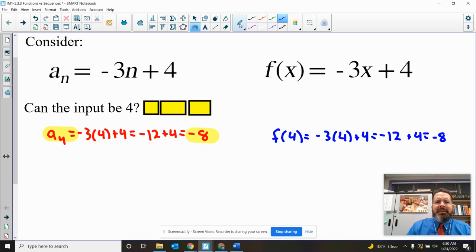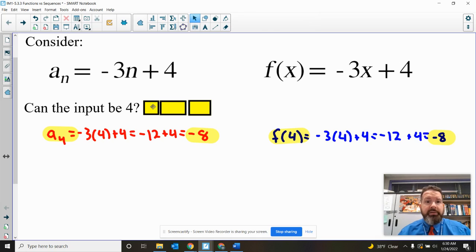So on this one, when you input a 4, you get an output of -8, just like you did over here. The only difference is in how we interpret the result. Here, this -8 is the fourth number in the list. Here, there's not a list of numbers. We're just saying, hey, we have this relationship. When 4 goes in as the x, -8 comes out as the y.